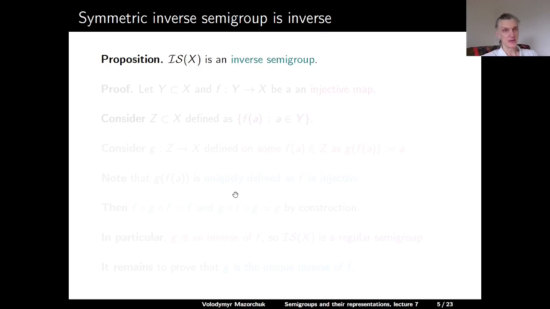Now we claim that for any set X, the symmetric inverse semigroup IS of X is an inverse semigroup. Proof.